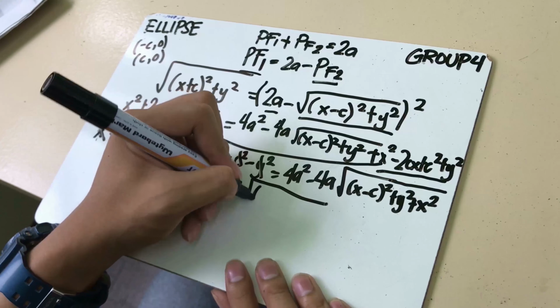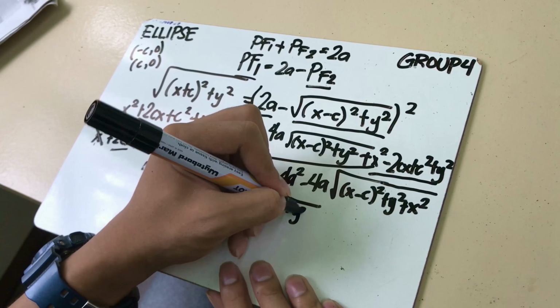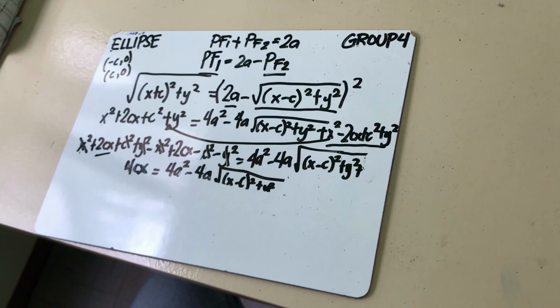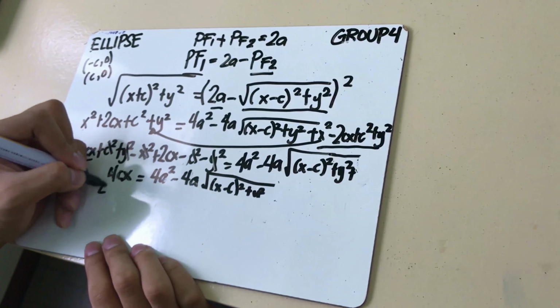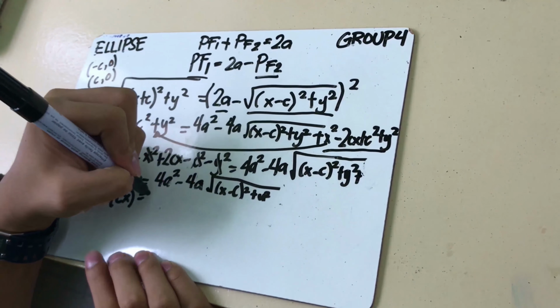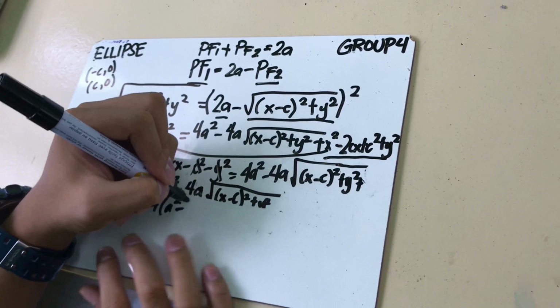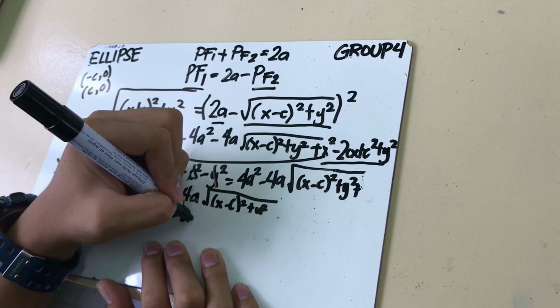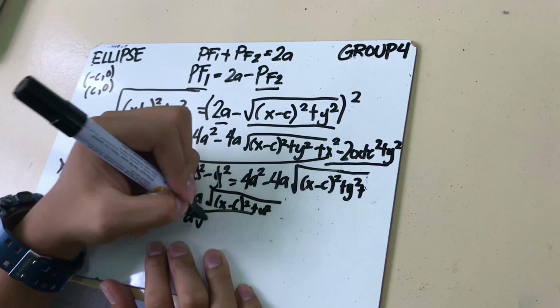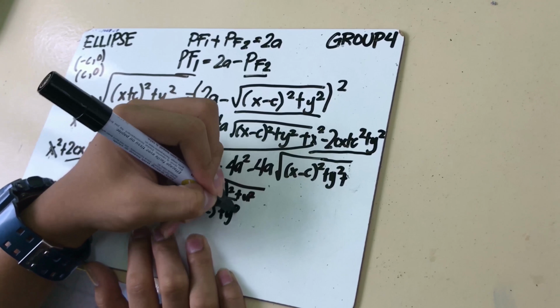Then we still copy that, x minus c squared plus y squared. Then we take out 4 from both sides: 4cx is equal to 4 times a squared minus a, then we still copy the radical, x minus c squared plus y squared.